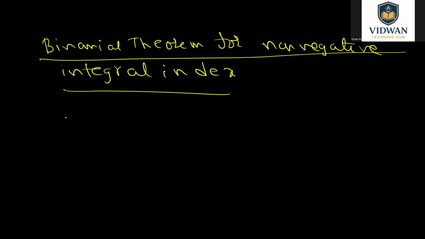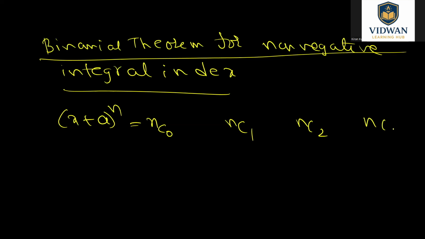So if you consider the binomial expansion for (x plus a) whole power n, if you have to write it in general, the coefficients which you wrote earlier with Pascal's triangle can be written with the formula: nC0 is the first coefficient, nC1 is the second coefficient, nC2 is the third coefficient, then nC3, and so on up to nCn, which is the last coefficient. The power of x will start with n.